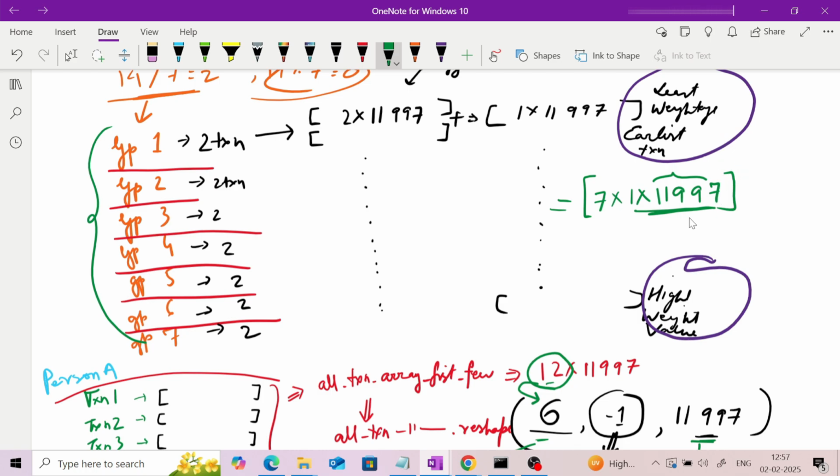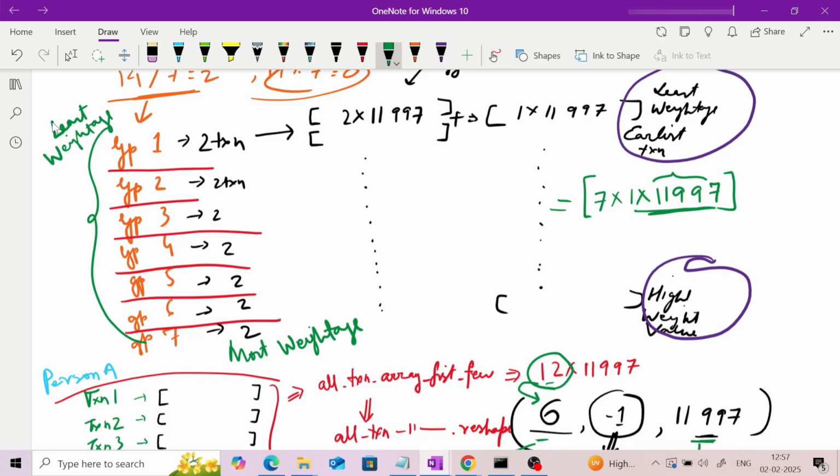So now we have to assign weightage values, where the most weightage should be given to this group, and least weightage should be given to the earliest group.